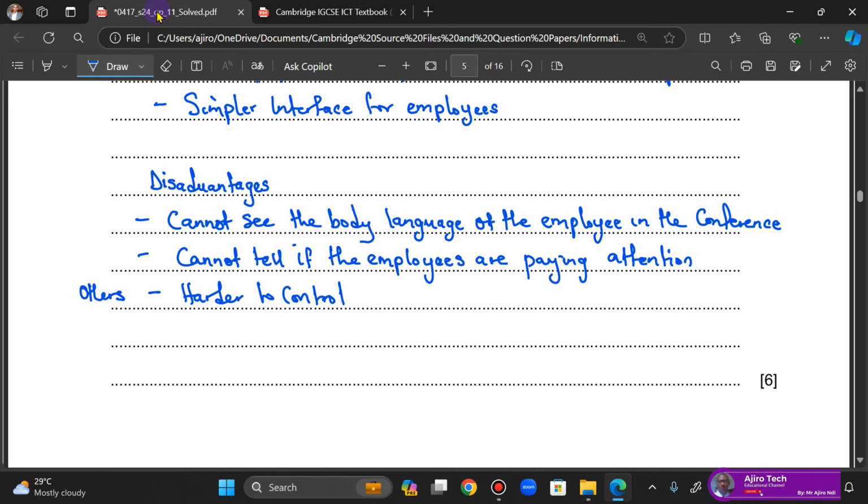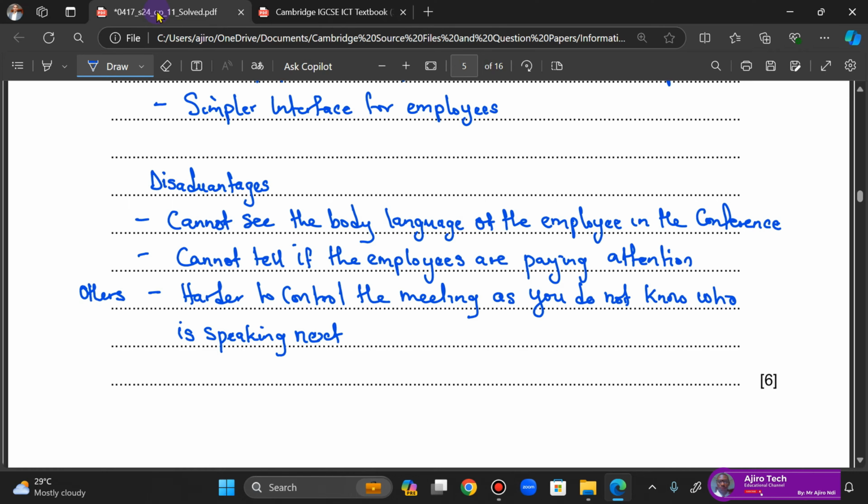Harder to control the meeting, as you do not know who is speaking next. So everybody can just be speaking at the same time, and we find it quite difficult to control.